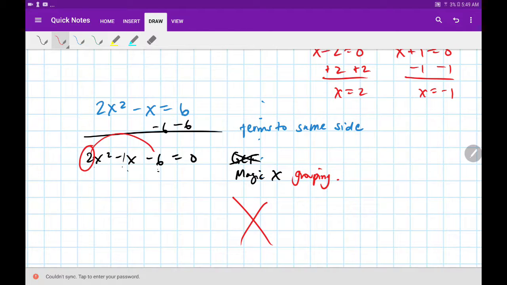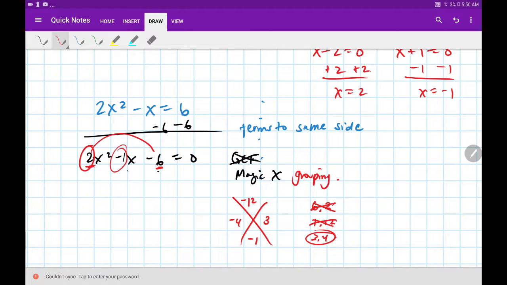We need two numbers that multiply to negative 12 and add up to negative 1. So those numbers are going to be negative 4, positive 3. You should have considered 6 and 2, 1 and 12, 3 and 4. The only ones that will add up to 1 in some way, or subtract rather, are 3 and 4.